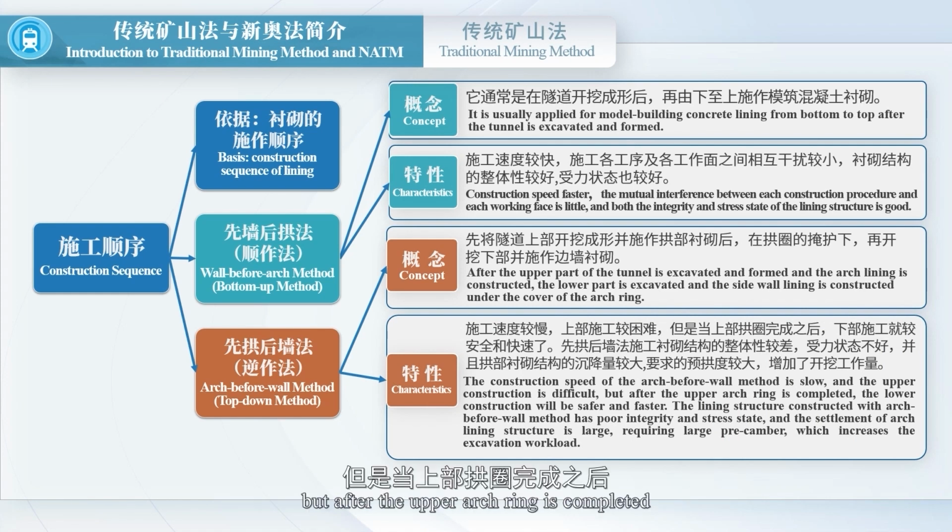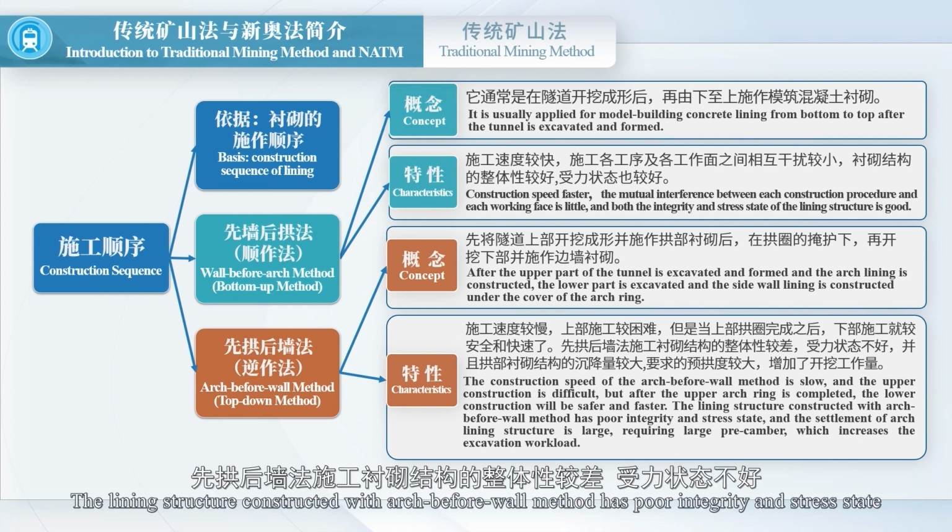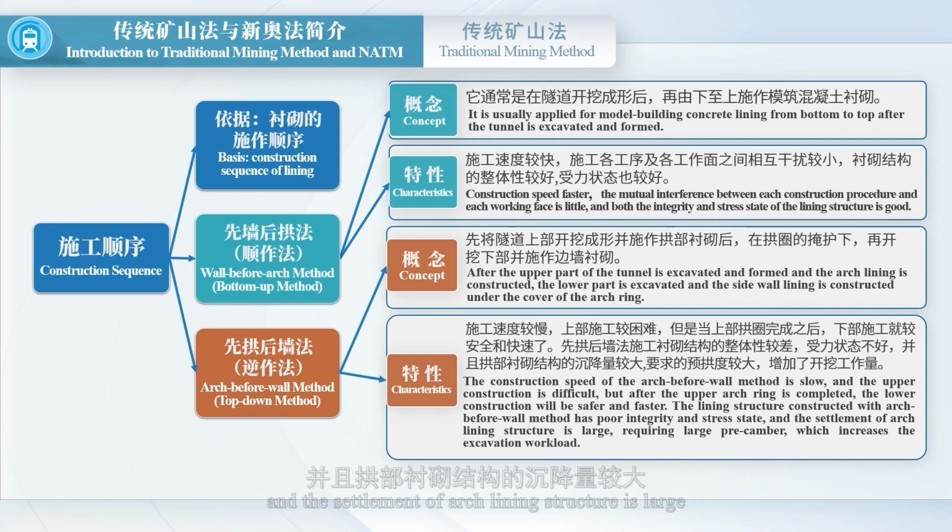But after the upper arch ring is completed, the lower construction will be safer and faster. The lining structure constructed with the arch before wall method has poor integrity and stress state, and the settlement of the arch lining structure is large, requiring large precamber, which increases the excavation workload.